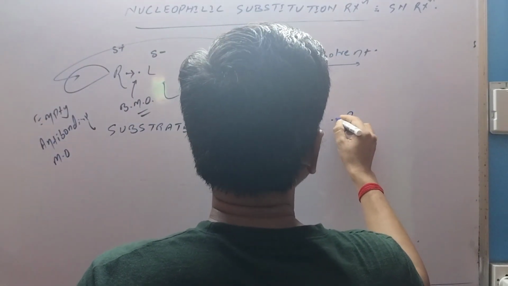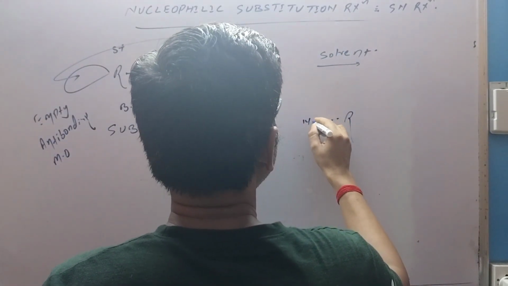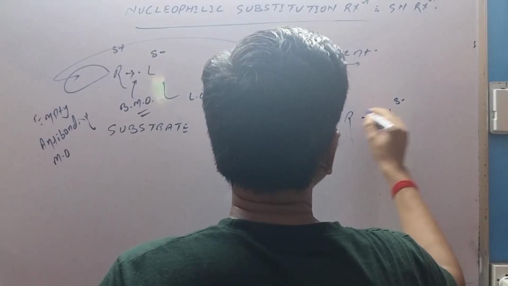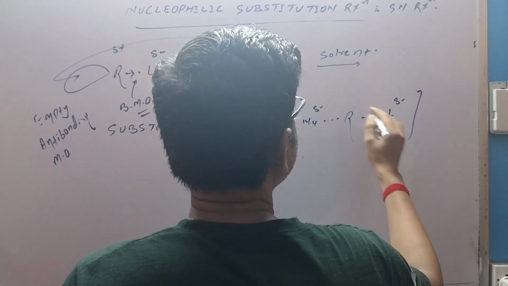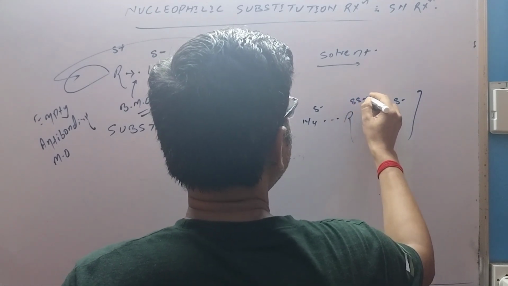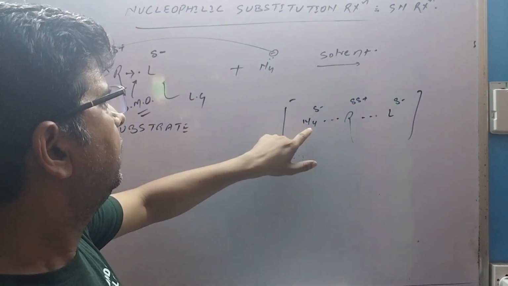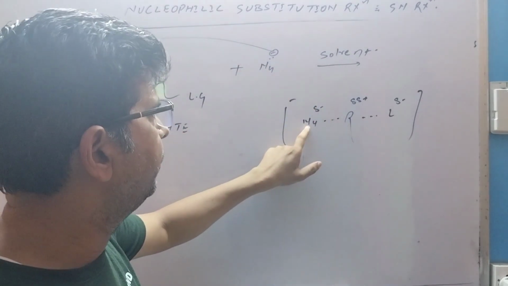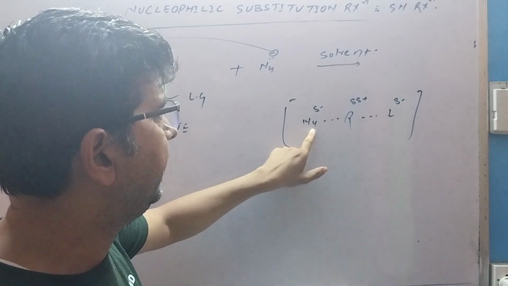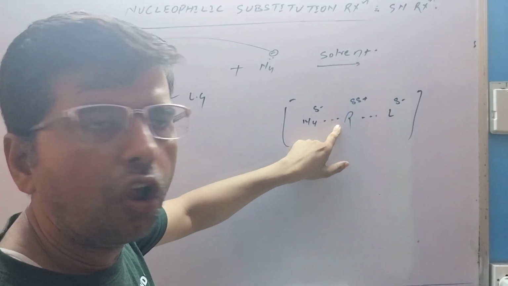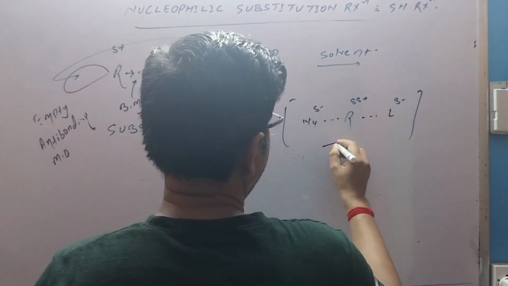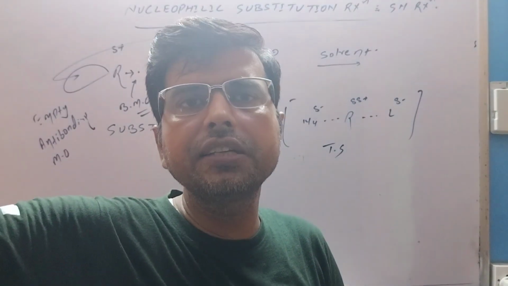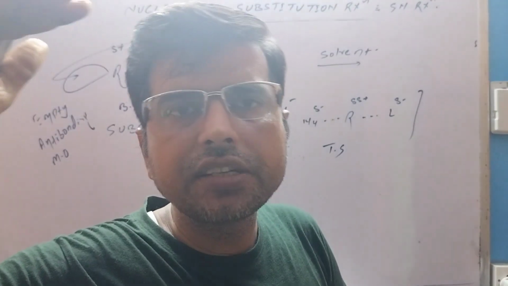The representation of this reaction may also be in this way. Delta negative represents the leaving group trying to depart. This delta negative of the nucleophile represents the nucleophilic attack on the alkyl part in its anti-bonding molecular orbital. And it results in a transition state. As we know, the transition state is a higher energy state, not stable.